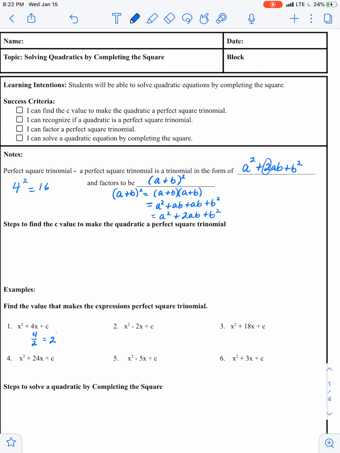So 4 divided by 2, we're always going to divide it by 2 and square it, which makes C equal to 4.